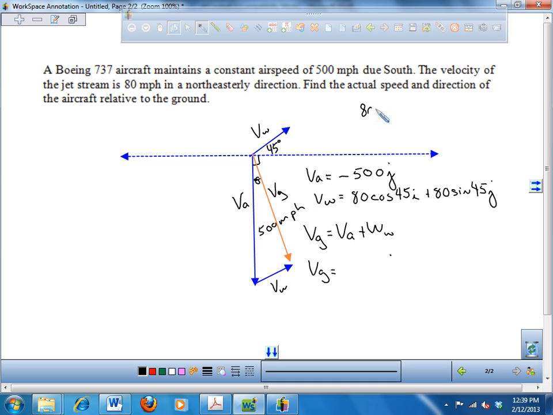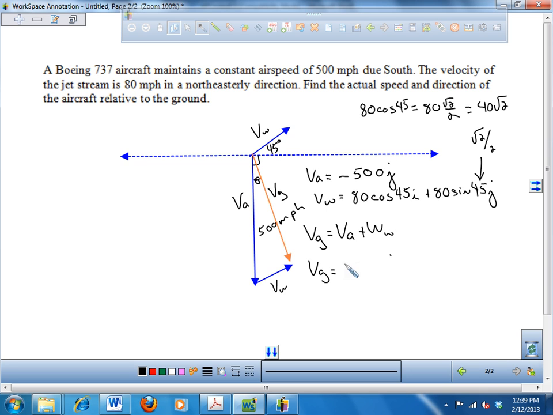What's 80 cosine 45? That's root 2 over 2, so that's 80 times root 2 over 2, which is equal to 40 root 2. And sine of 45 is also equal to root 2 over 2, so that's going to be 40 root 2 as well.